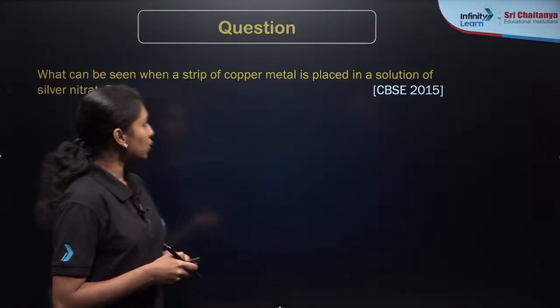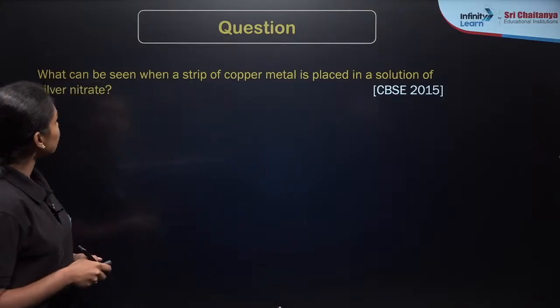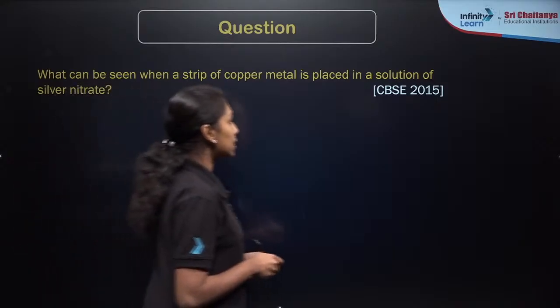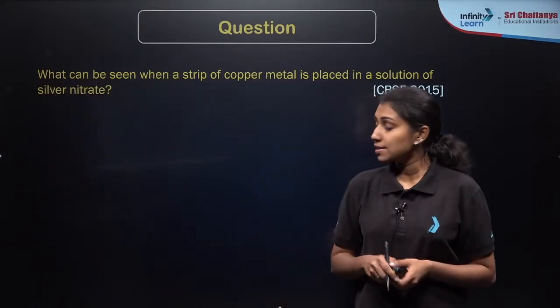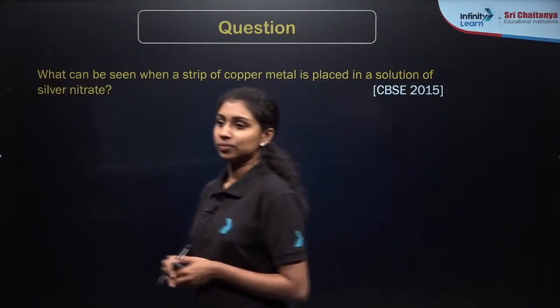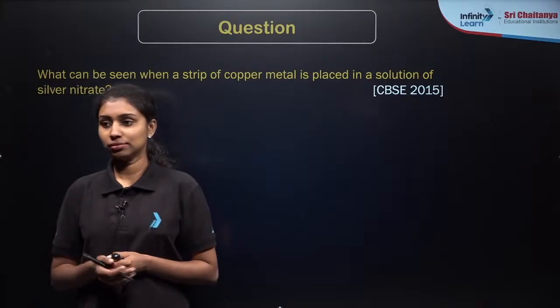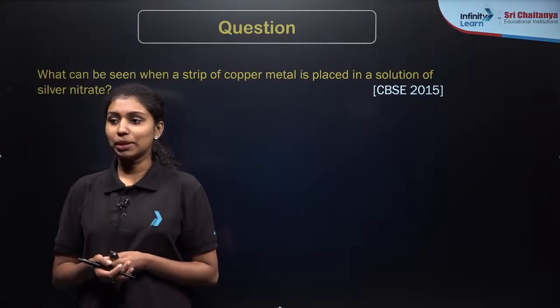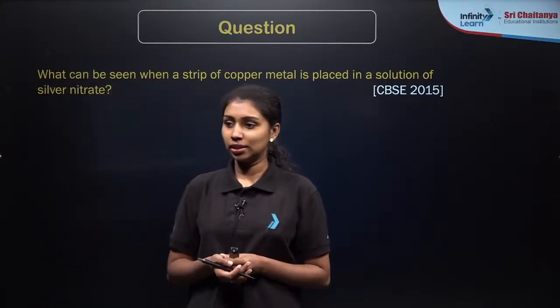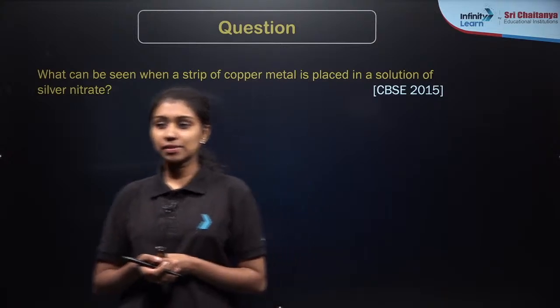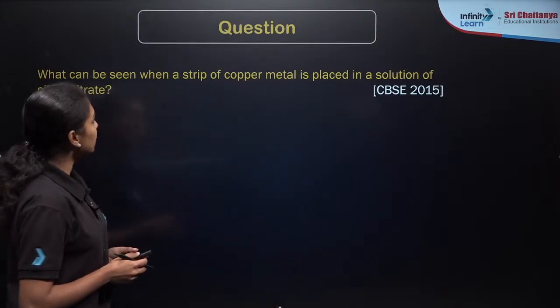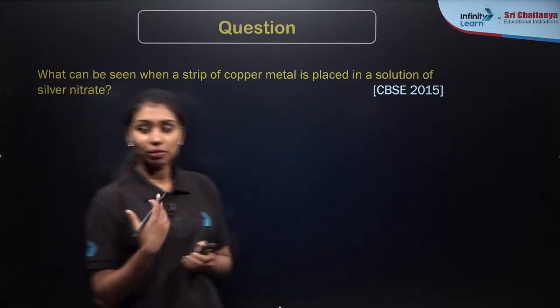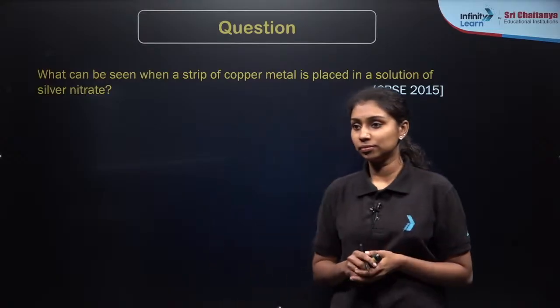Okay, here is the first question. What can be seen when a strip of copper metal is placed in a solution of silver nitrate? Many of you are giving me the answer in the chat box. A precipitate is forming, right? So what will be our answer? What will be the color and what will be the observation?